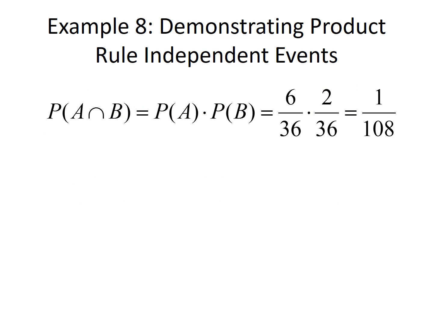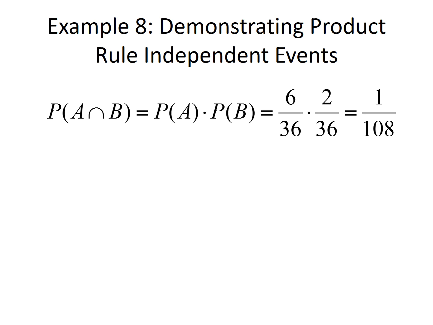The probability of A and B both occurring is simply equal to the probability of A occurring times the probability of B occurring. Now there are 6 ways to get a sum of 7 out of 2 standard dice, and there are 2 ways to get a sum of 11 from 2 standard dice.